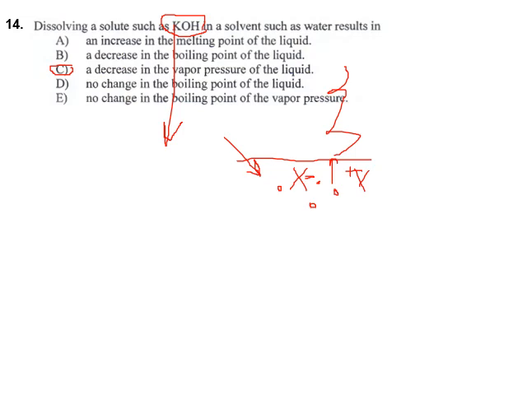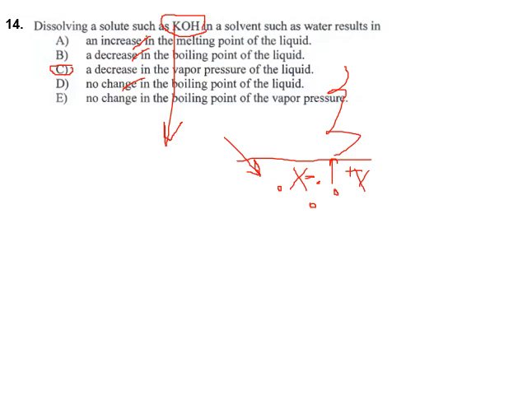We said the melting point should go down, so this A is wrong because this is an increase in the melting point. And it's the only one that deals with the melting point. The boiling point should go up, and this says it goes down, so that's wrong. And also no change is wrong because it'll go up.